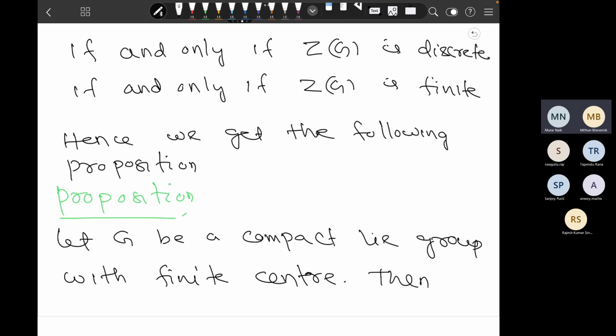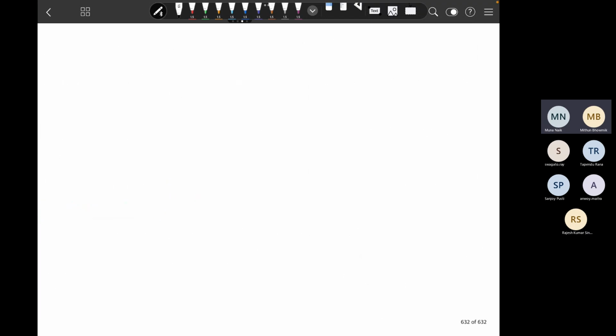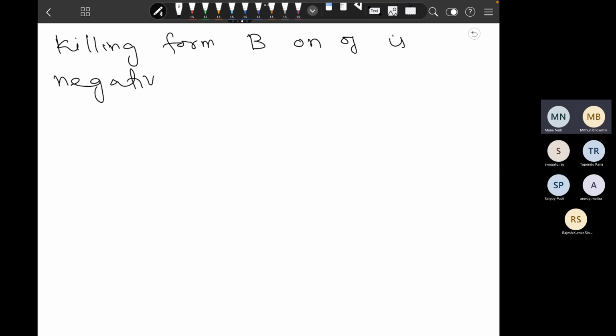Then the killing form B on 𝔤 is negative definite. And this B and this 𝔤 is semi-simple.